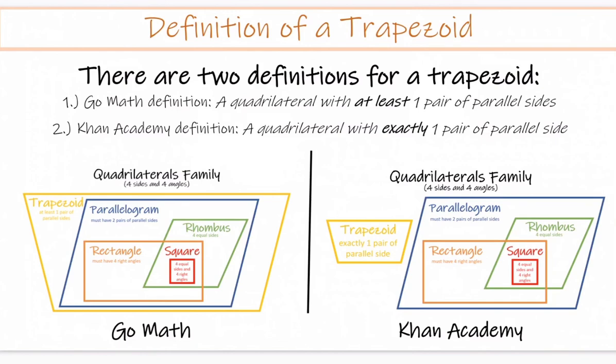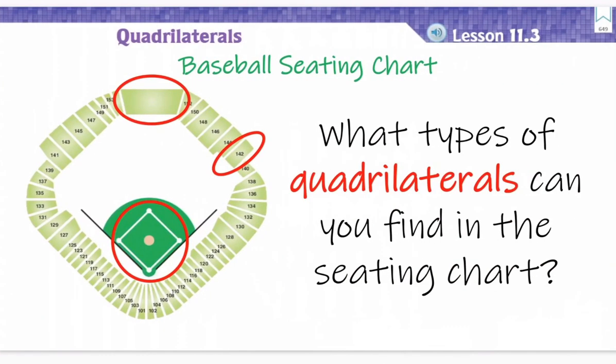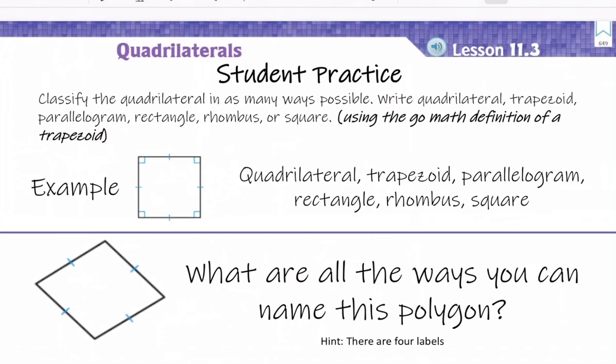I understand that. Especially if you're going to go into, and we already did this, but in your student practice, you're like, okay, technically in the Khan Academy version a square is not a trapezoid. So this right here wouldn't exist in the Khan Academy version of a trapezoid.